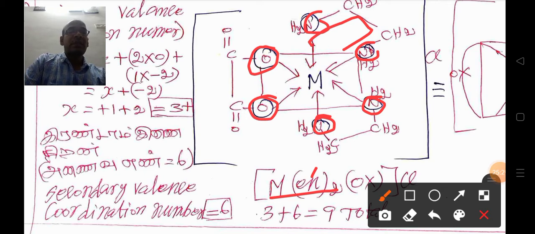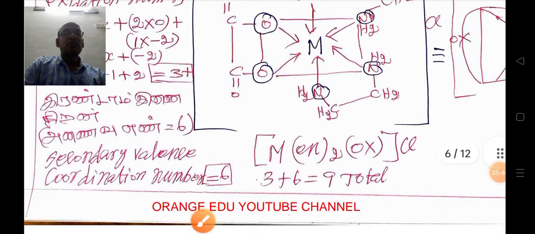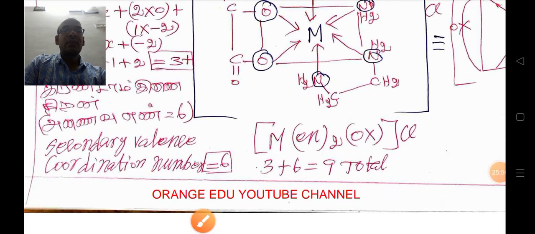Otherwise, there are 6 coordinate covalent sigma bonds. Therefore, coordination number is 6. In the question, the sum of the primary and secondary valency is asked.